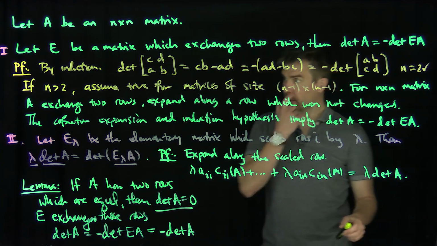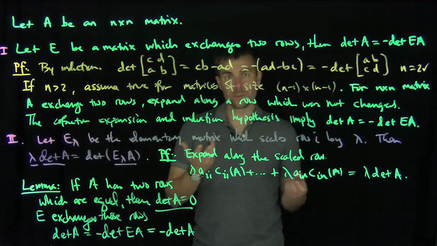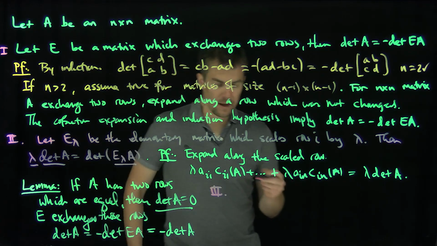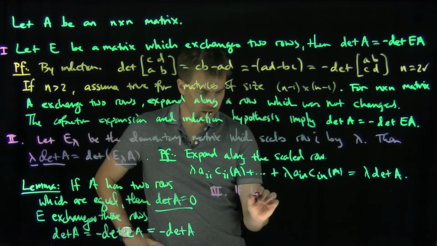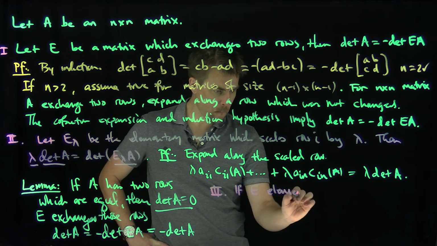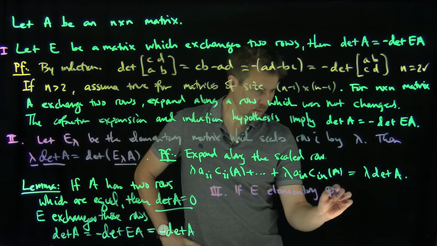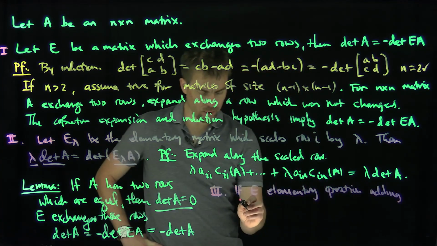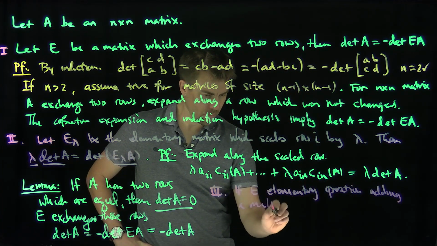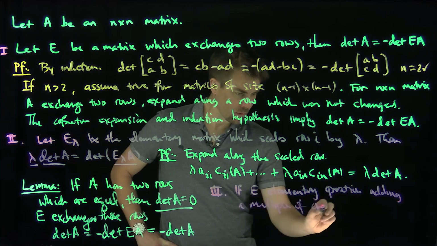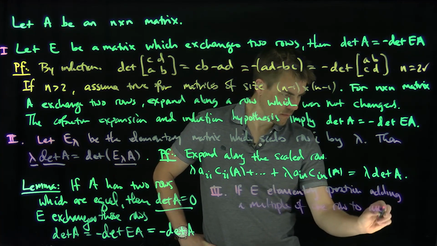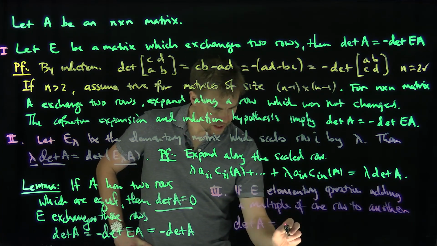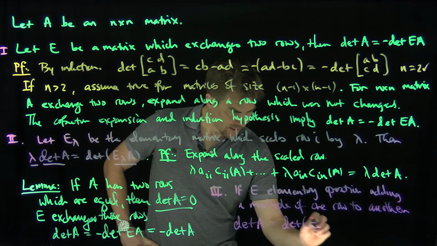And so now what's the last row operation? The last row operation is adding a multiple of one row to another row. So property 3 is that if E is an elementary operation adding a multiple of one row to another, then the determinant of A is equal to the determinant of EA.